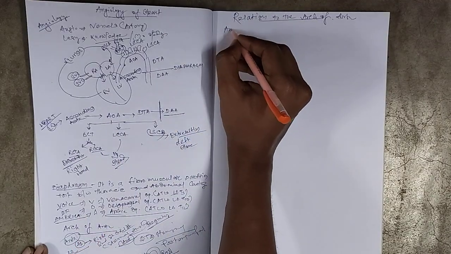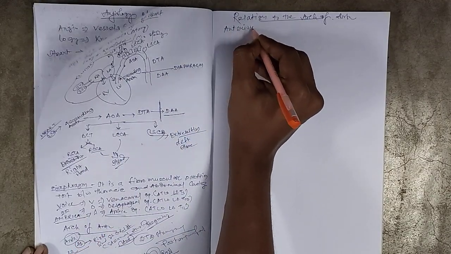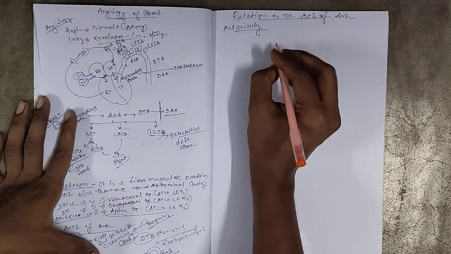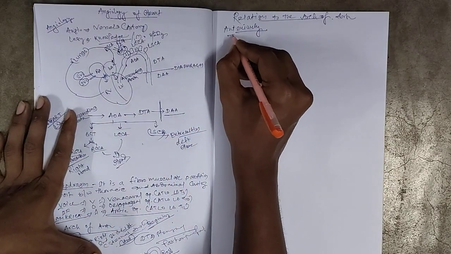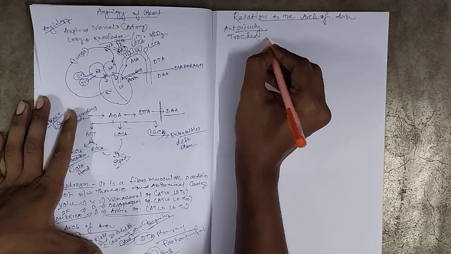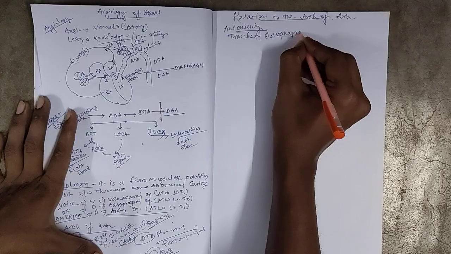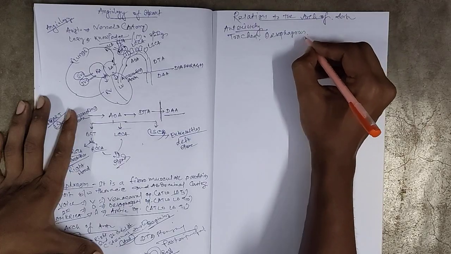First, anteriorly, it meets the trachea, then the esophagus, then the thoracic duct.